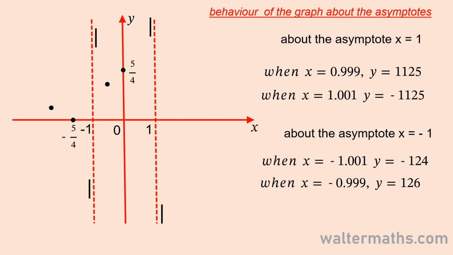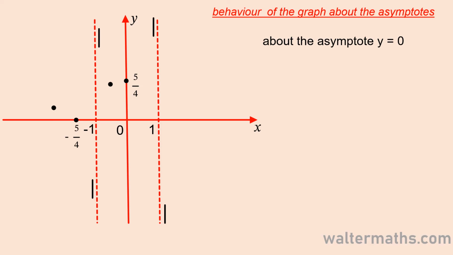Now, it's also important for us to determine the behavior of the graph as x becomes very large or very small. So as x approaches positive infinity, I'll take a large value of x, say x equal to 1000, and substitute it into the equation of the graph. And when x is 1000, y is minus 0.001.